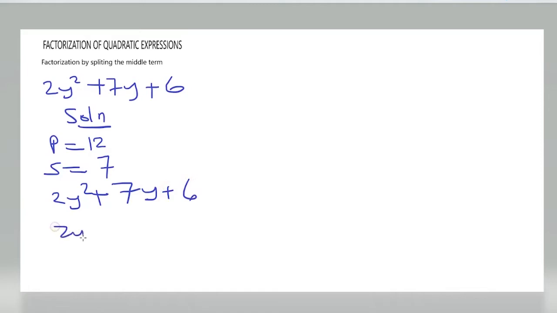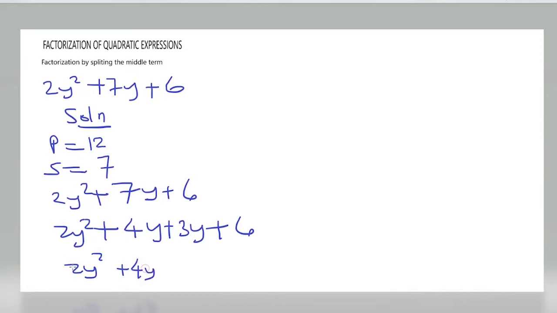Now 2y squared plus, split this one to 4y, then plus 3y, then plus 6. So 2y squared plus 4y plus 3y plus 6.